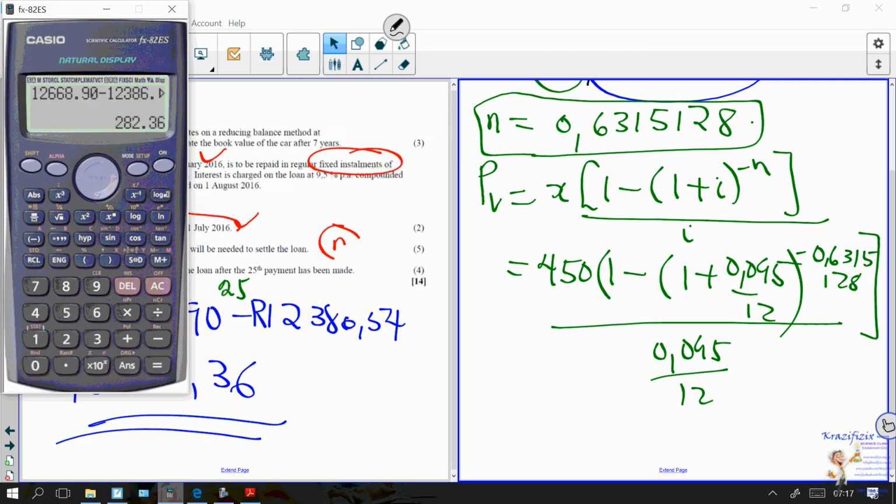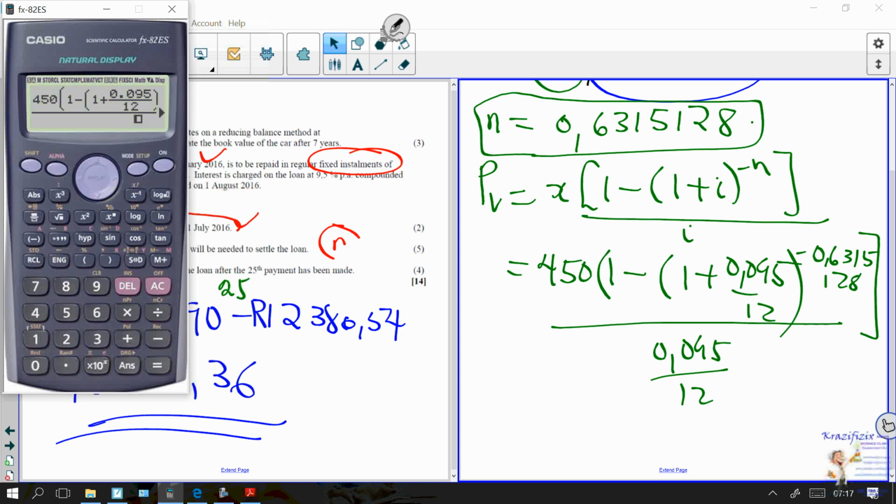All right. So if you understand it, this is actually a lot simpler. What do we have? 450. All right. I need my bracket there. 1 minus, I need another bracket. 1 plus, then I need this 0.095 over what? 12. Okay. My exponent now, this is where my number comes in. It's negative what? 0.6315128.